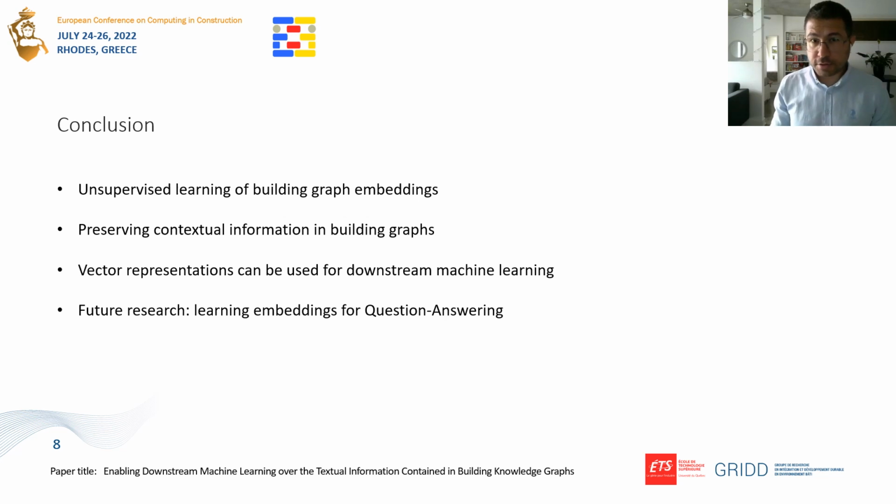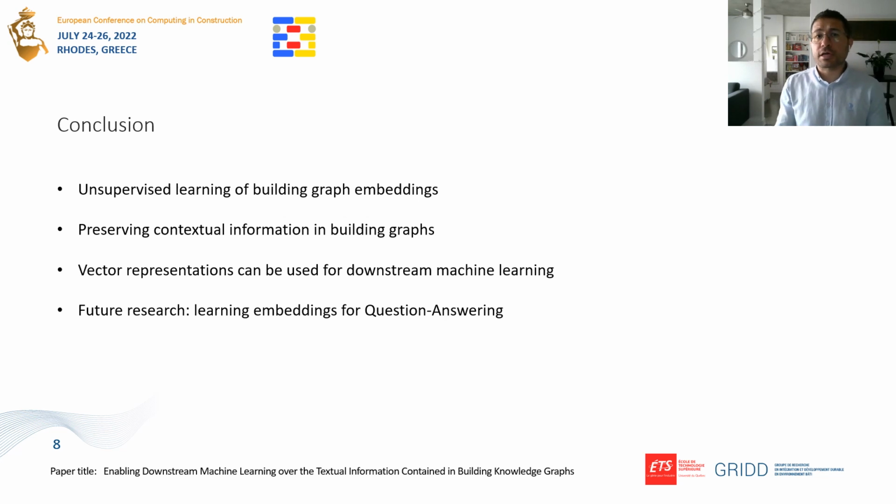We demonstrated the potential of neural language models for unsupervised learning of building graph embeddings based purely on textual descriptions. Our results show that existing techniques can be applied to preserve the contextual information contained in building graphs and to represent these understood contexts in the form of low-dimensional vectors.